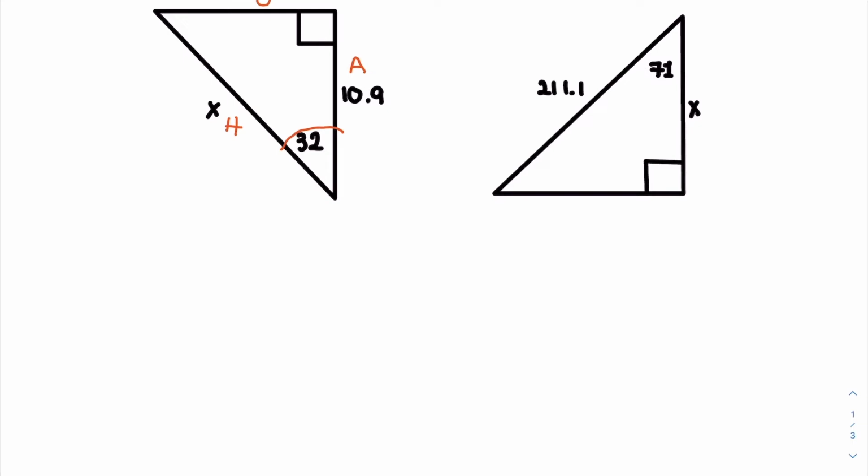And now what we need to do is figure out whether we're going to use cos, tan, or sine. And we can do this by knowing we need X, which is H, and we know A. So what are we going to work with that we have A and H?